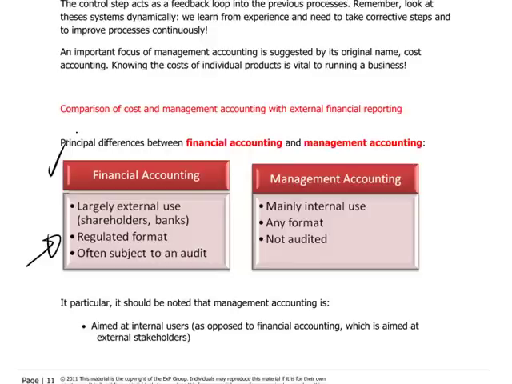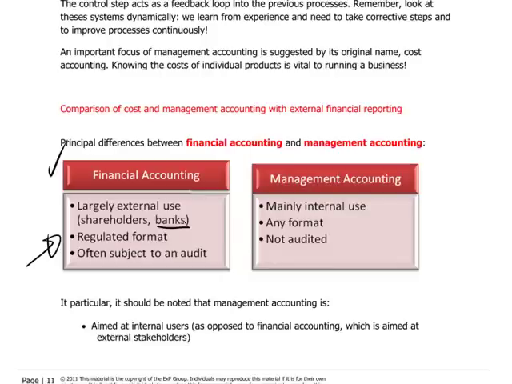This has got to do with financial statements which are audited and then read by the public, by shareholders, by banks that are lending to the company, or really anybody who obtains the annual report of a company may want to decide whether or not they're going to invest in the shares of the company.